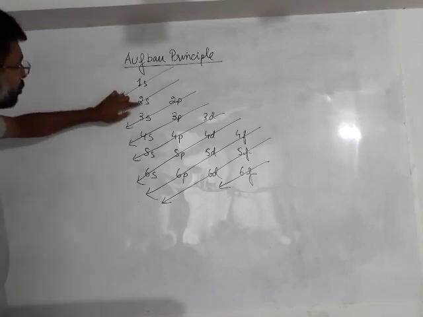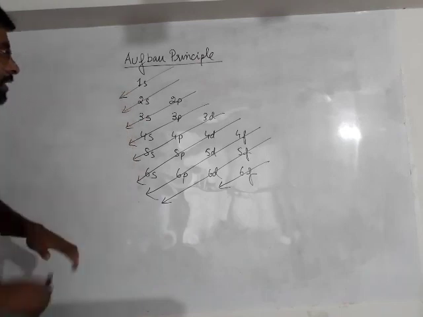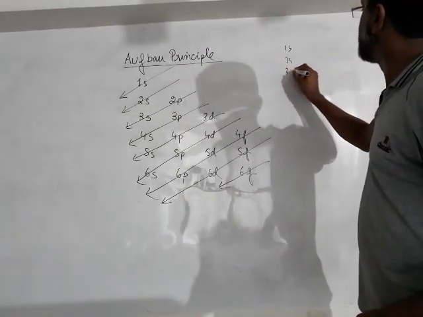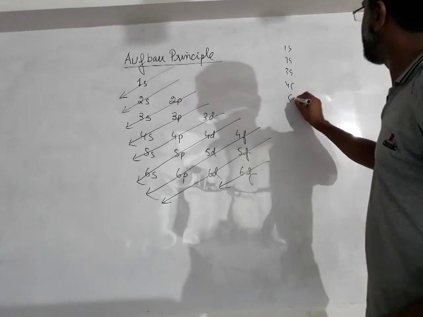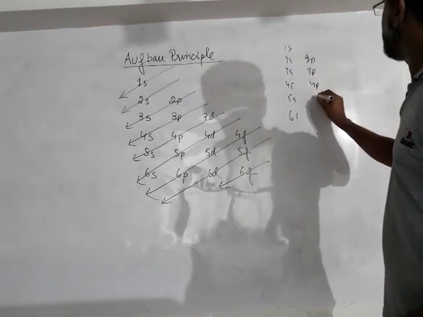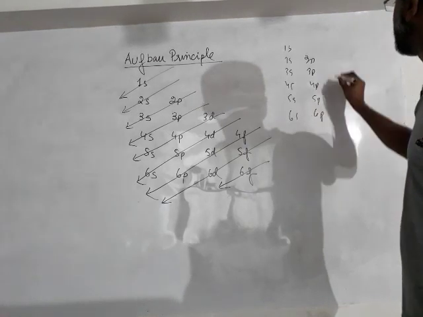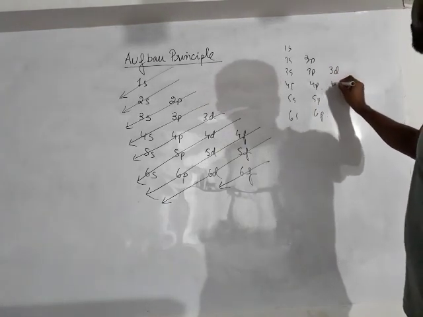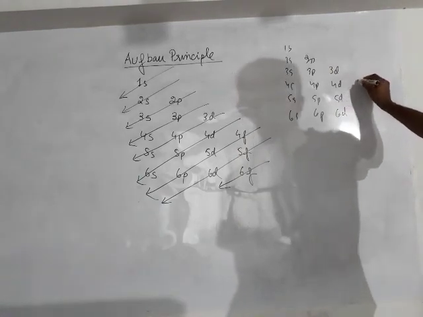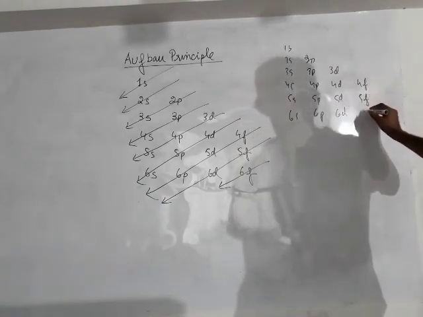First you write 1s, 2s, 3s, 4s, 5s, 6s. In the examination also you can write it at the side. Then you write 2p, 3p, 4p, 5p and then 6p. Then you write 3d, 4d, 5d, 6d. Then you write 4f, 5f and then 6f.